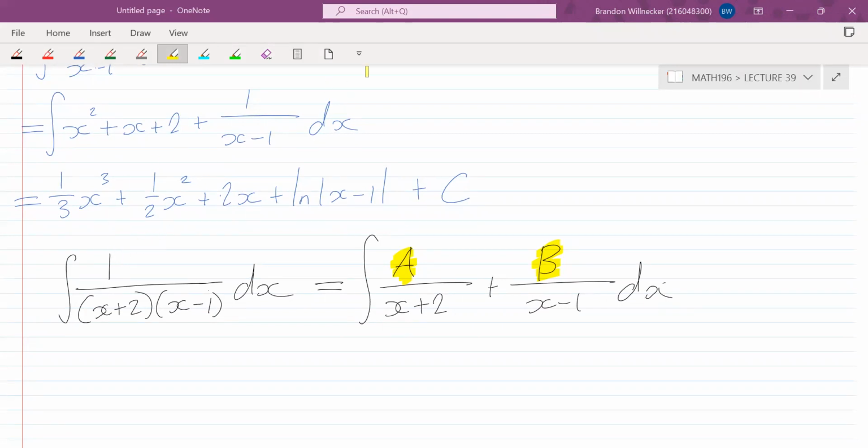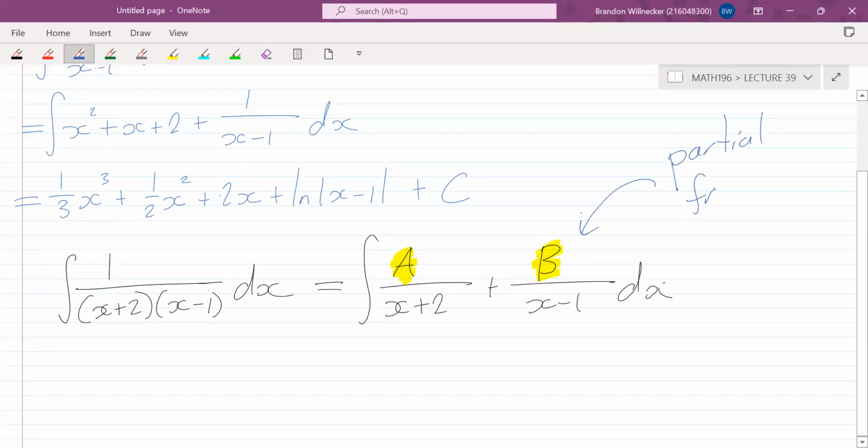After you do your long division, you might end up with something like this. We can further simplify by splitting this fraction up into two fractions, and then each one can be integrated separately. This is called the partial fraction decomposition.